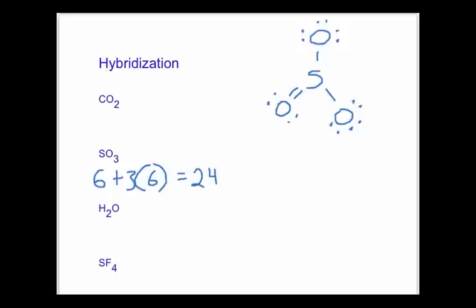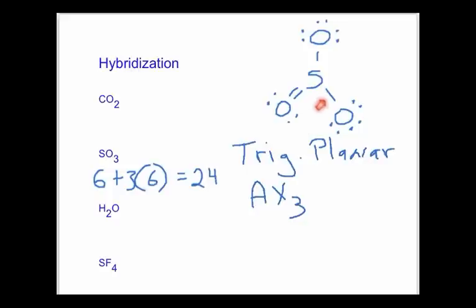Instead, what I want to do is figure out the hybridization using the rule that I mentioned previously. I know that this molecule is trigonal planar. When I say I know that, I mean that experiments show that. And trigonal planar also corresponds to AX3. Now I'm going to count to get the hybridization. I count 1 there, 1 for this double bond, and I count that bond.